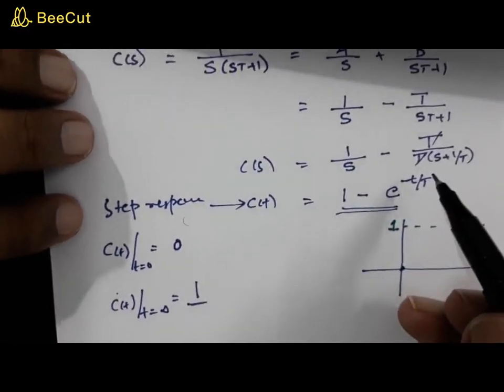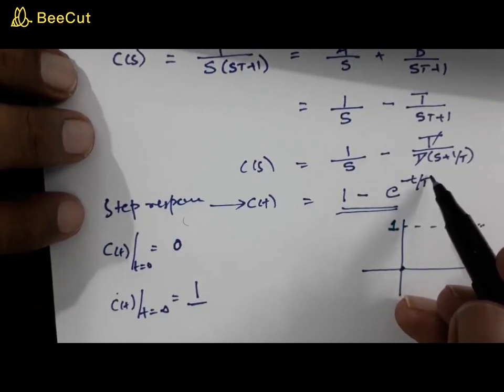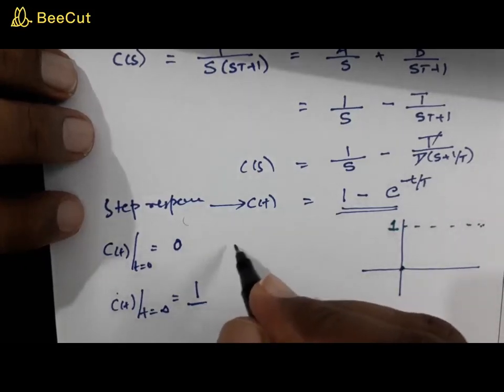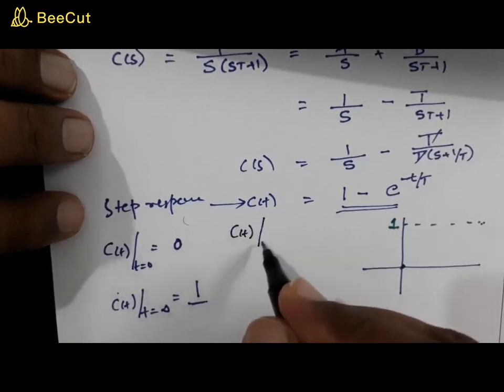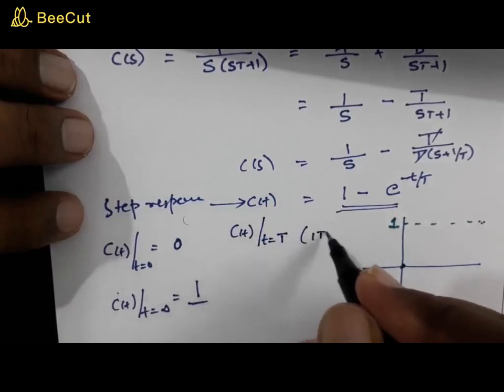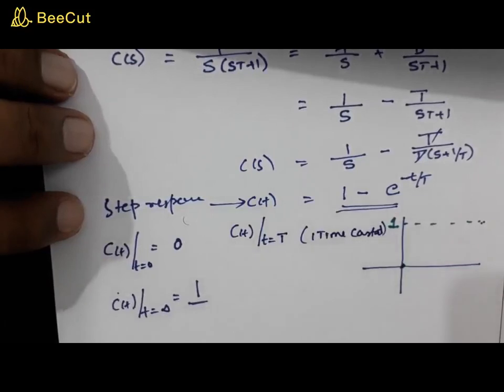Now that's what I told you, that the time response will be dictated by a parameter called the time constant, where t is the time constant. Now you can put some multiples of capital T, right? So you can find out C of t at t is equal to capital T, meaning this is one time constant.